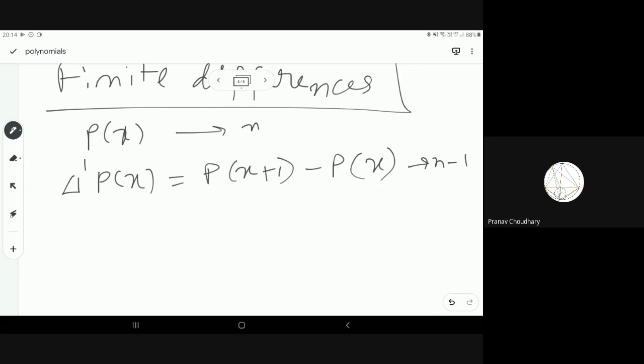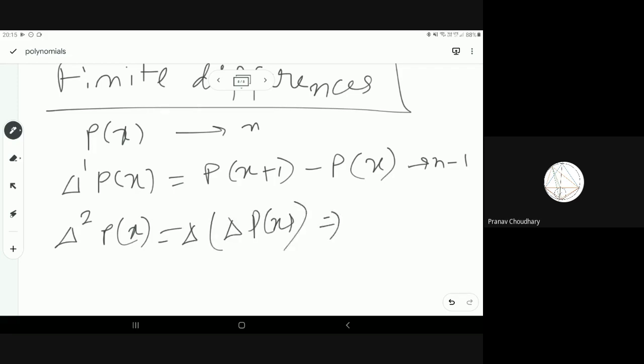So I can say the finite difference with step 5 is p of x plus 5 minus p of x. This is basically the first finite difference with step 1. Then the second finite difference is del of del p of x.